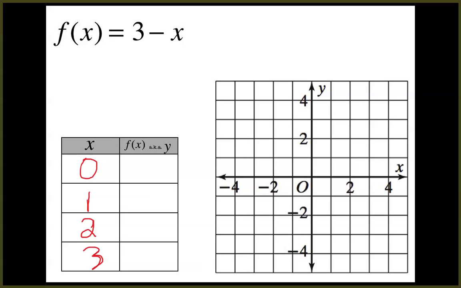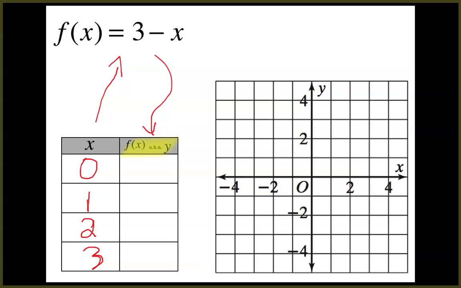Okay? And then over here, on the right-hand column, I'm going to figure out what I get when I plug in those numbers. So I'm going to plug 0 in as my input, and then I'm going to get my answer for my output here.